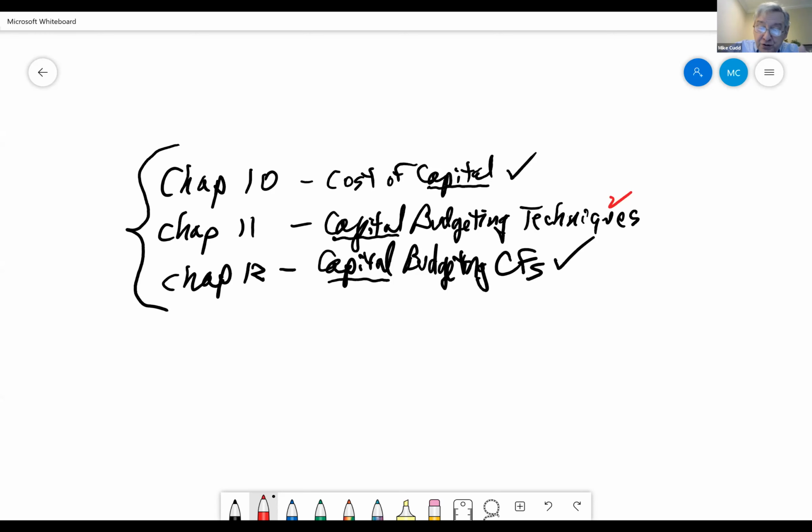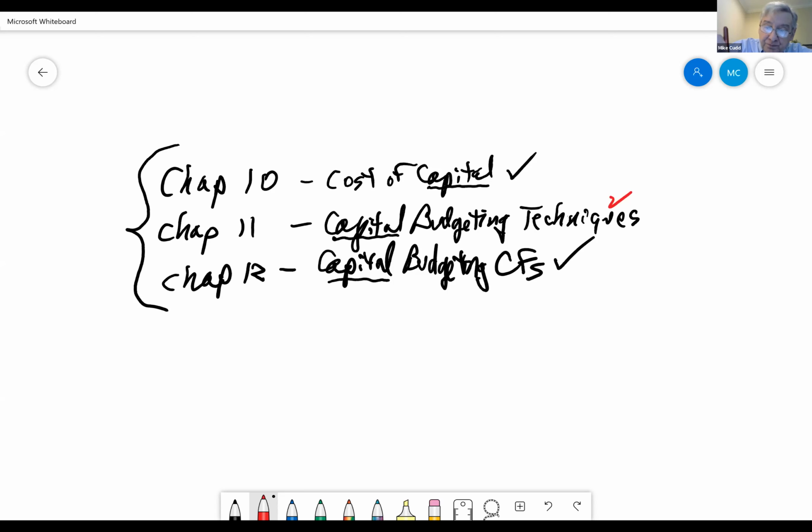Had they gone through these three chapters, these three approaches, and decided it was a bad idea, they wouldn't build the plant. But the whole purpose of these three chapters together is to decide if the project is a good idea or bad idea.